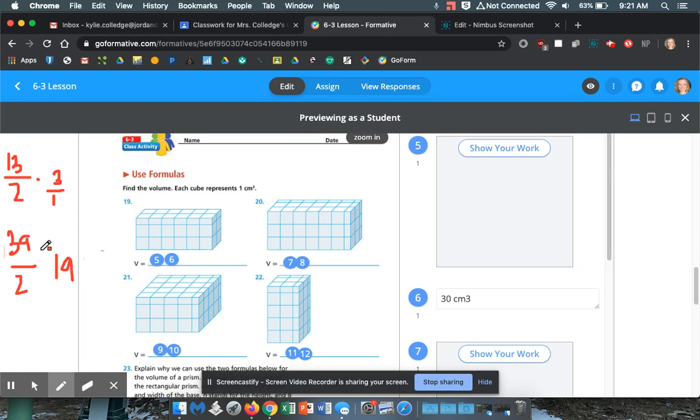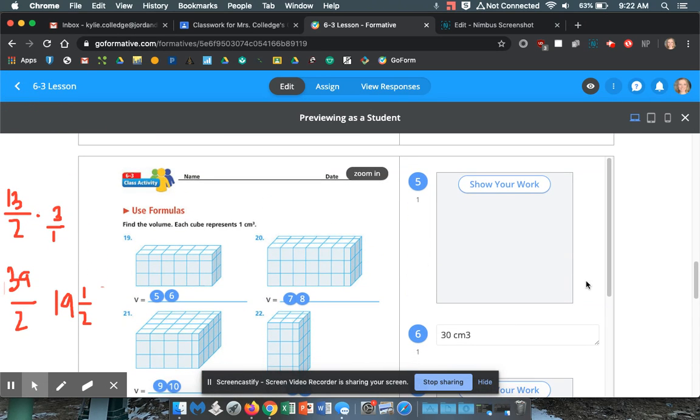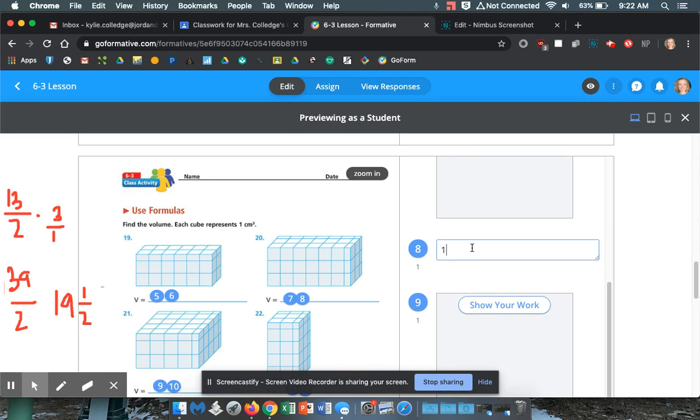So 39 minus 38 is 1. So we have 19 and 1/2. So in here we put 19 and 1/2 centimeters cubed.